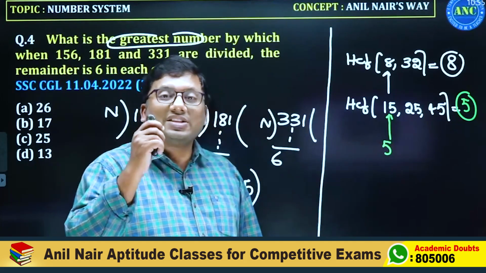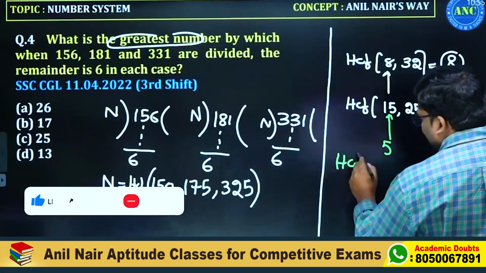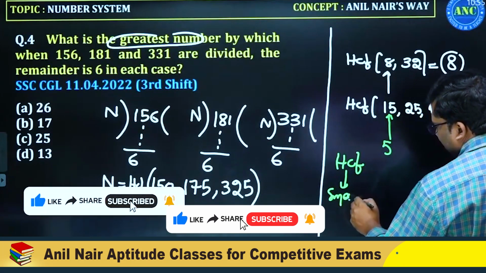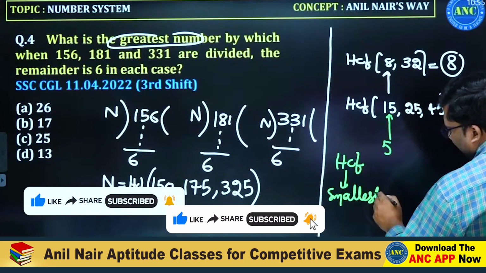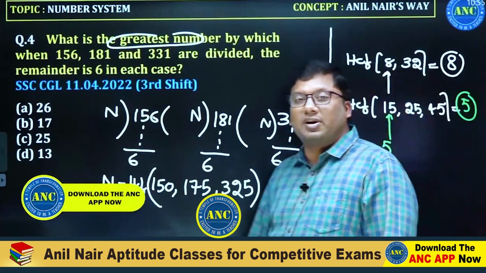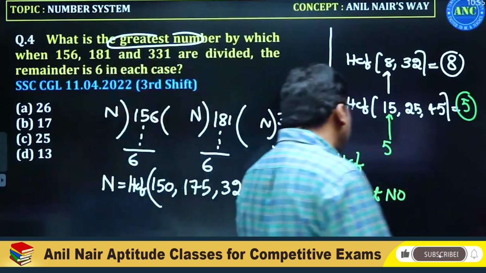Whenever you are doing HCF, you will first check with the smallest number. If the smallest number is dividing every other number, then the smallest number is the answer.